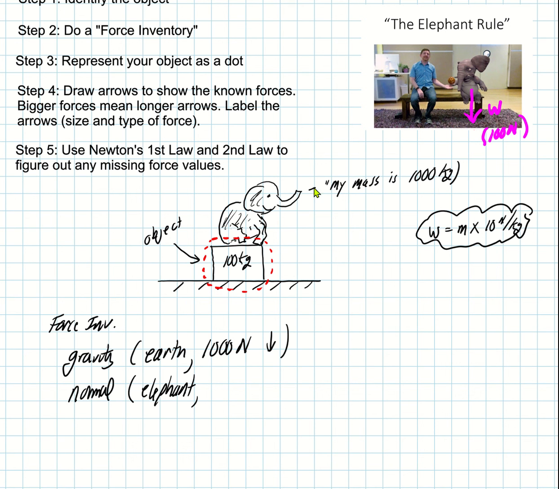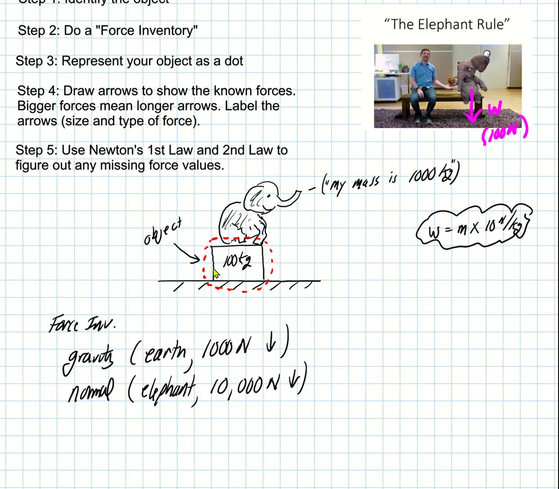If we know the elephant's mass, it's very easy to come up with its weight, right? We multiply this by 10. So the elephant is pushing down on the crate with 10,000 newtons of force, and that's going to be down.